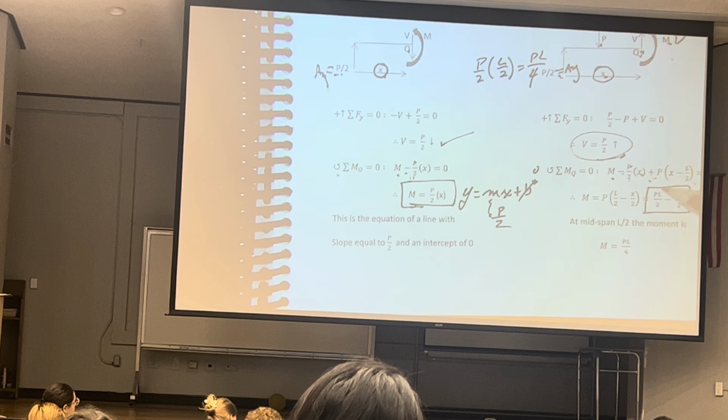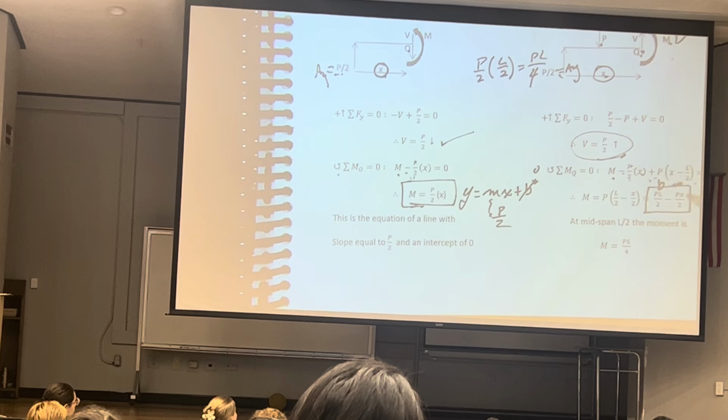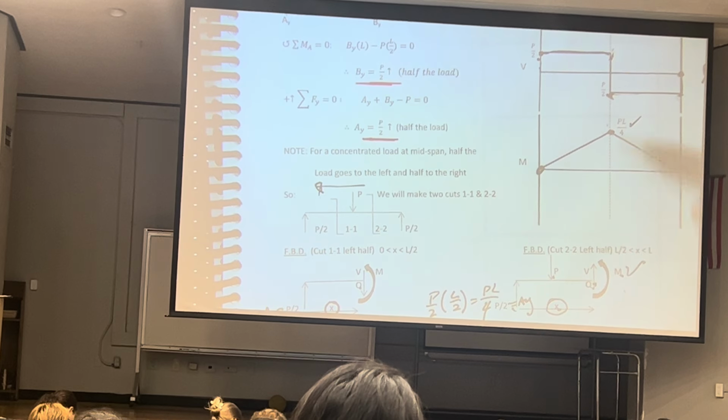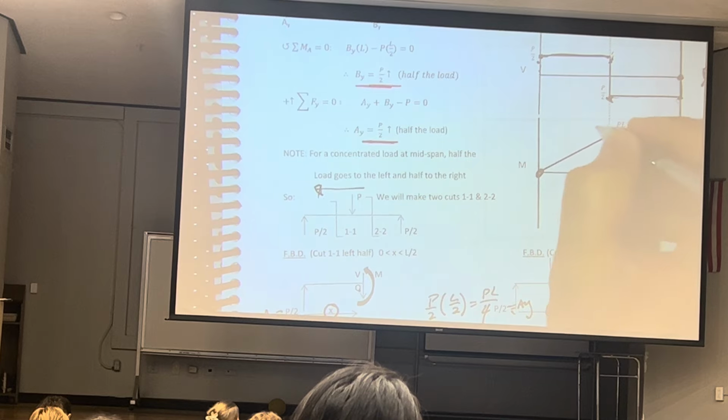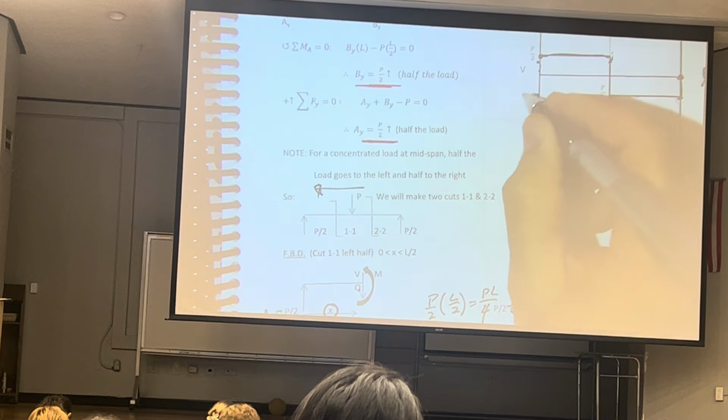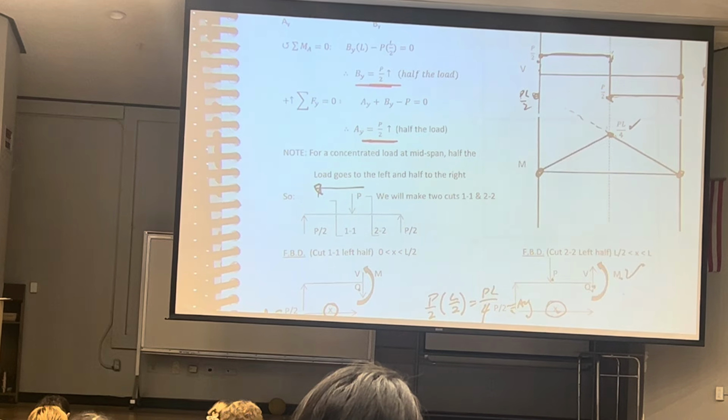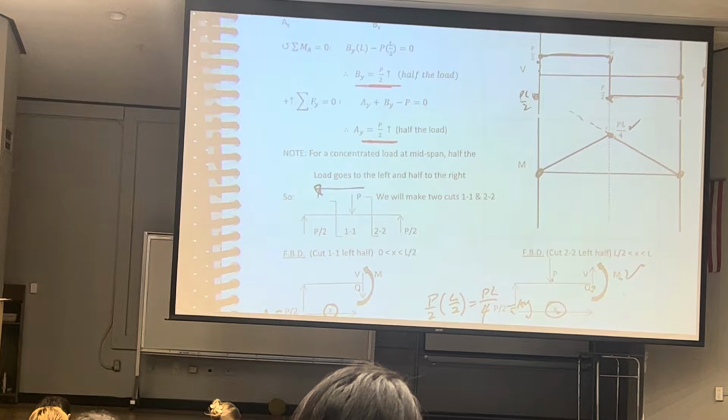Again, this is my y-intercept, that's my slope. And so when I draw this, I'm going to draw a negative slope, and it's got to go to 0. If I extend this out, it will cross at PL over 2 at the y-intercept.